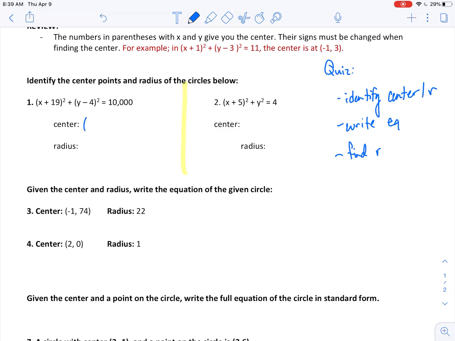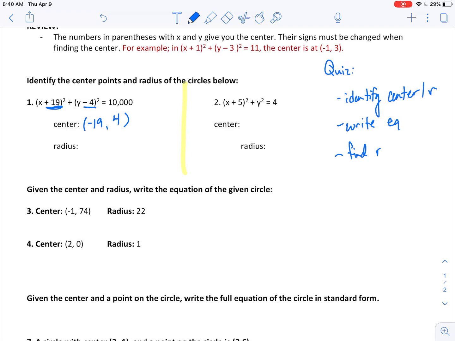So let's look at 1 and 2. And as always, if you want to pause after this first problem and try number 2, you're always welcome to do that. When you're looking for the center, an ordered pair, you're looking at these 2 numbers, but you're going to change the sign.